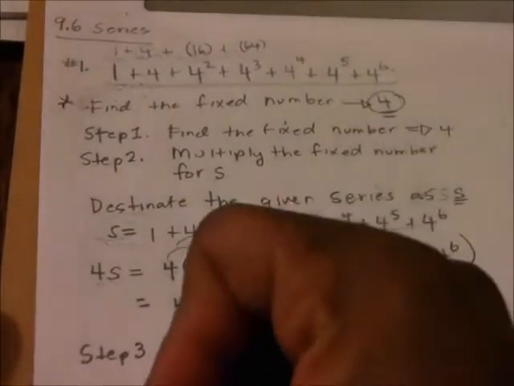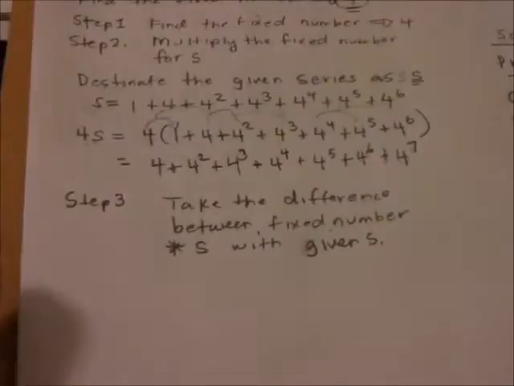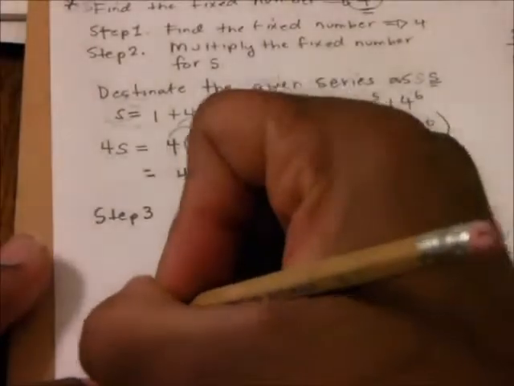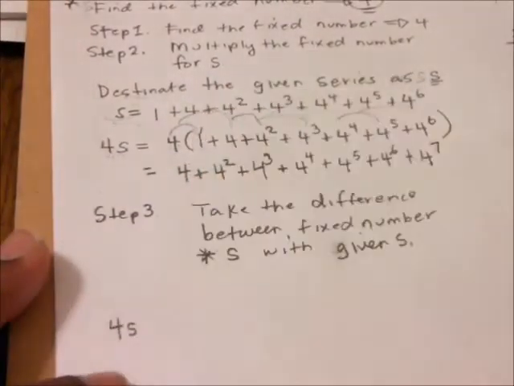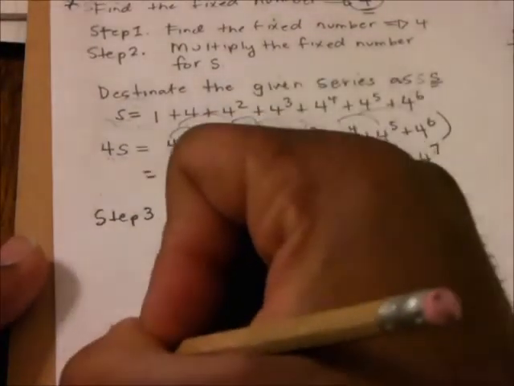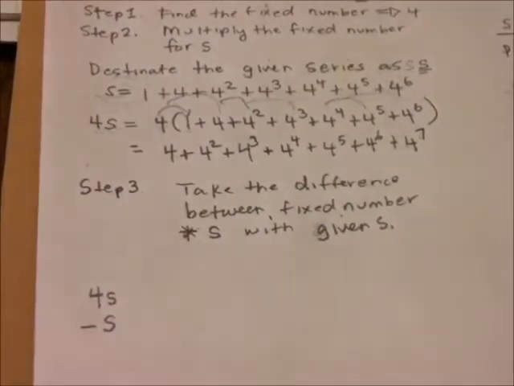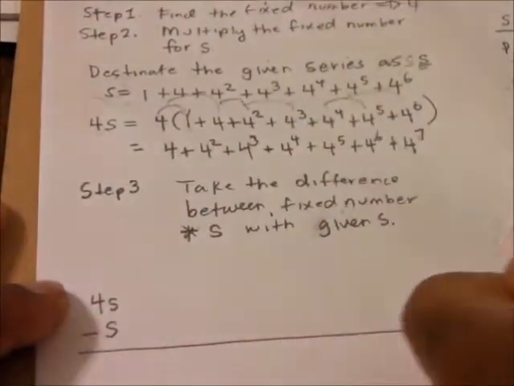So what we do is we write it in the form of an equation. 4S minus S. Draw a line.